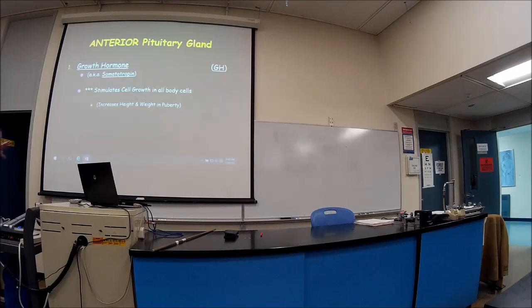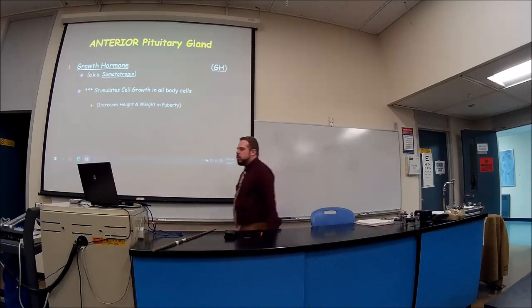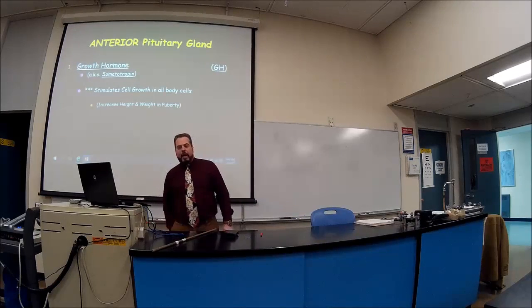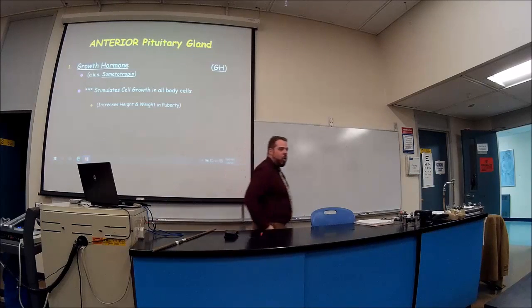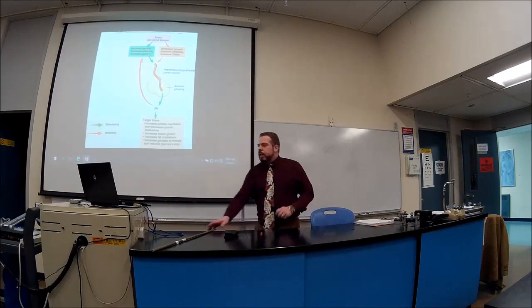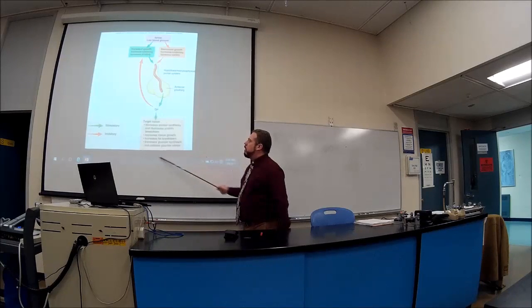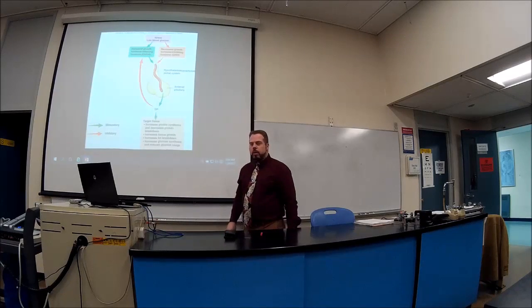Sorry, somatostatin is a totally different thing. Somatotropin, or GH. What this is going to do is stimulate cell growth in all body cells. So this will also increase height and weight, especially in puberty. So these are the things it's going to do, which I'm going to talk about. Here are the functions of GH.